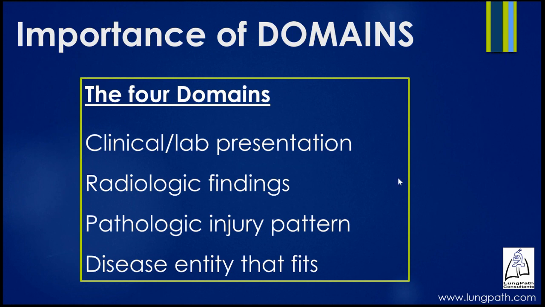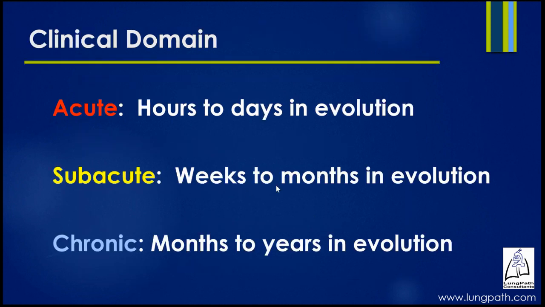When we get these cases in consultation, I would say on average, surgical lung biopsy is going to require us to explore the clinical, read the history and physical, look at the radiology findings, maybe look at the CT scan on a disc, and then look at the biopsy. So we see this as essential and critical to the evaluation of interstitial lung disease, and I hope you will too. The clinical domain has 3 phases, and it's all about tempo of presentation.